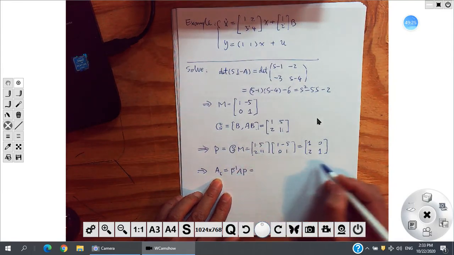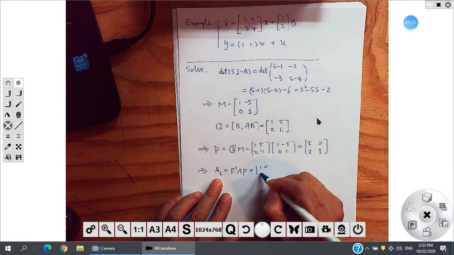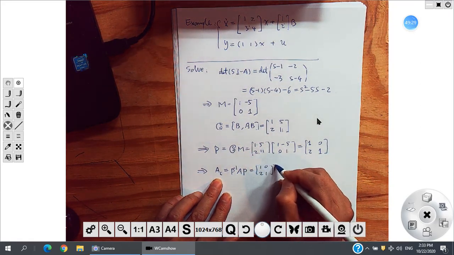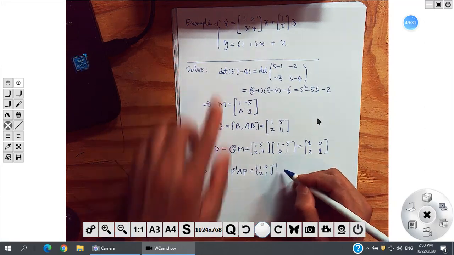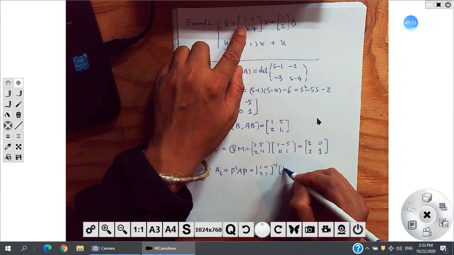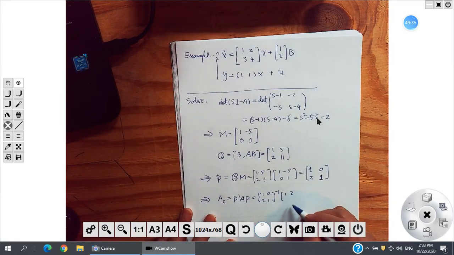P inverse is the inverse of 1, 0, 2, 1, times A, which is 1, 2, 3, 4, and P again, which is 1, 0, 2, 1.